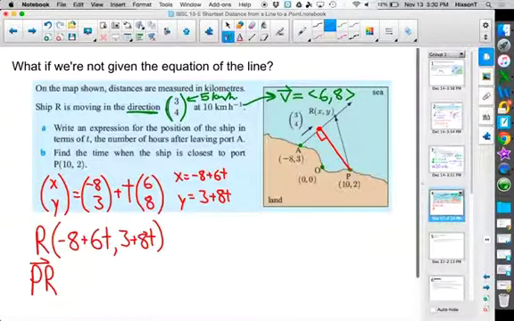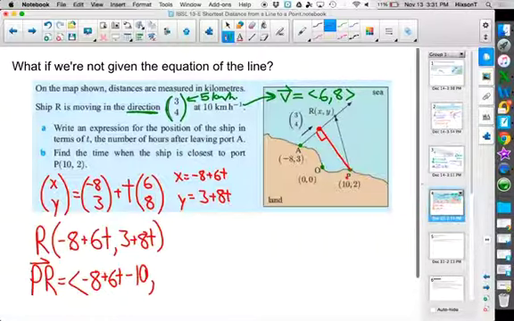The vector from the port to that point R is -8 plus 6t minus the 10 from the x-coordinate of P. Remember, it's the x-coordinate of the point you're going to, which is R, minus the x-coordinate of the point you're coming from, which is point P. Okay?